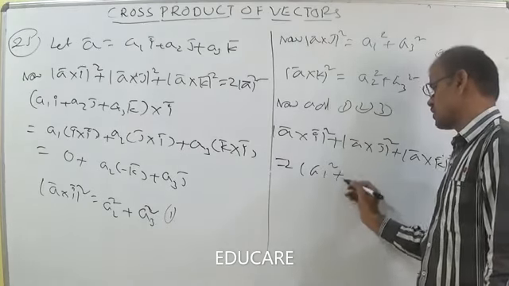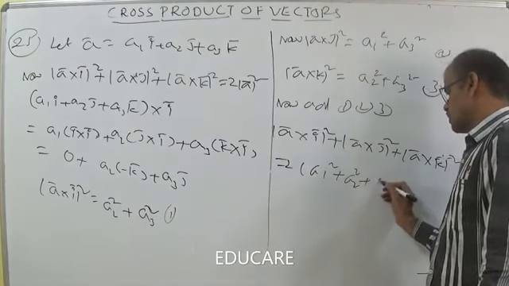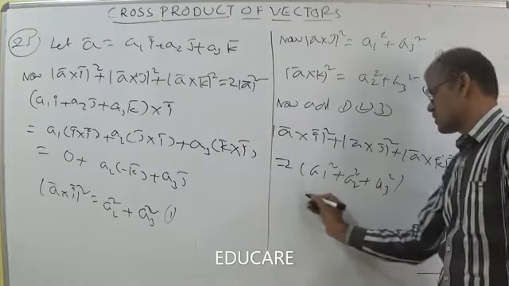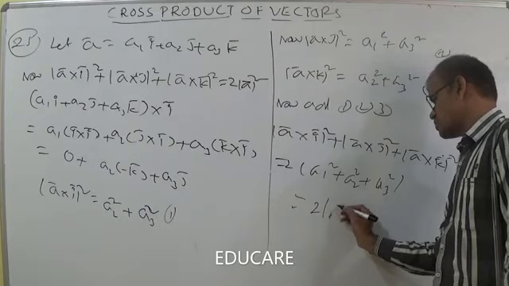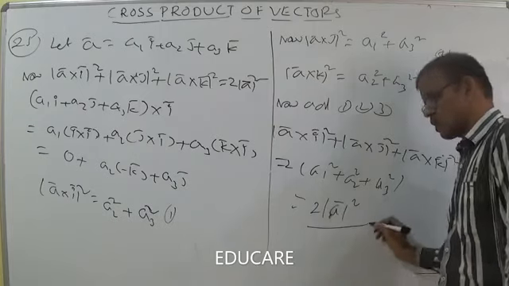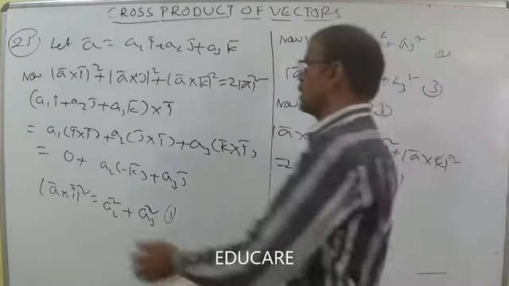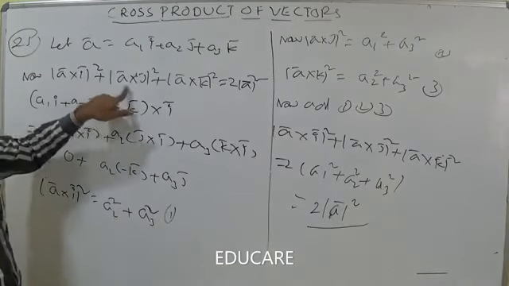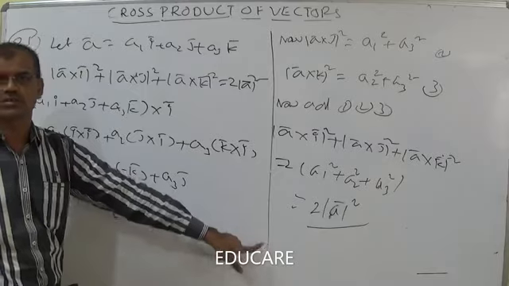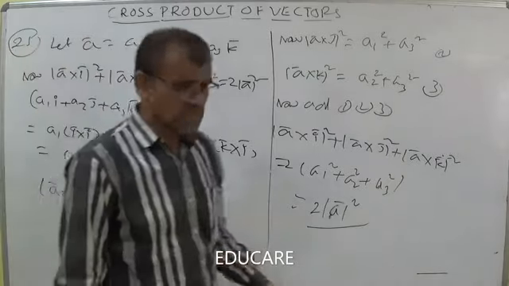So you can understand that 2 into a1 square plus a2 square plus a3 square, that is the magnitude of the given vector whole square. We concluded that mod A cross i whole square plus mod A cross j whole square plus mod A cross k whole square is equal to 2 mod A square. This is an important exam sum.